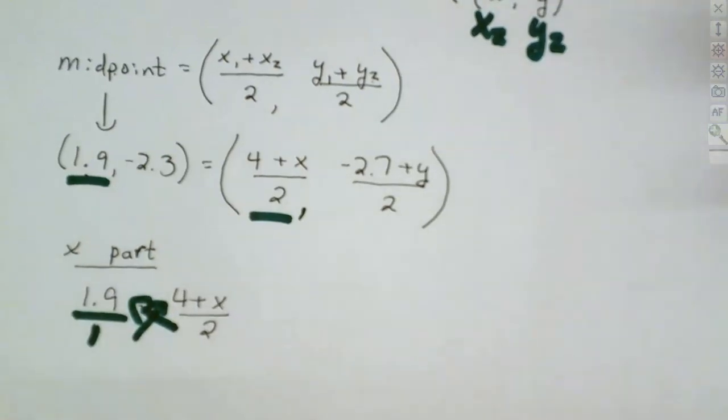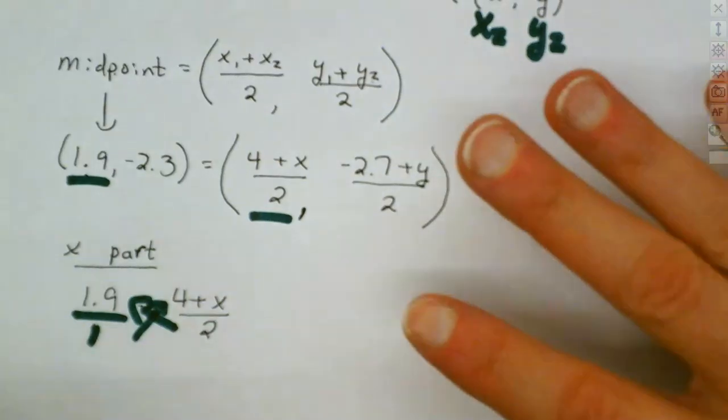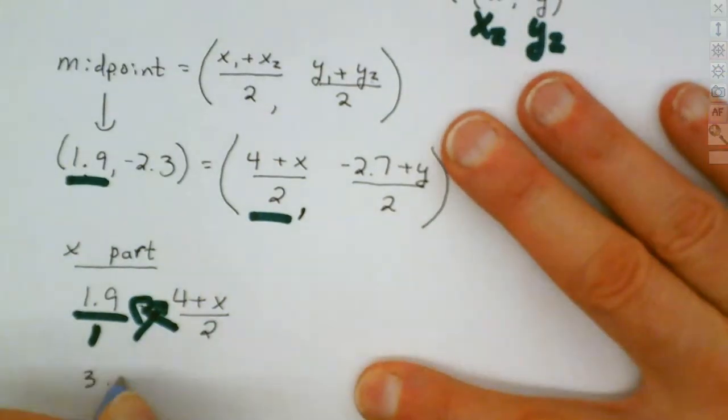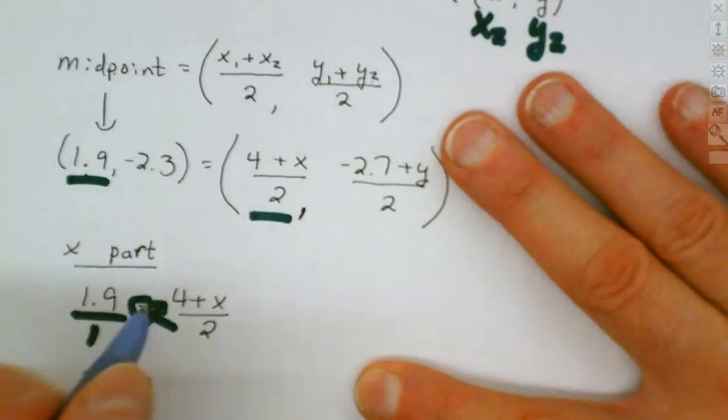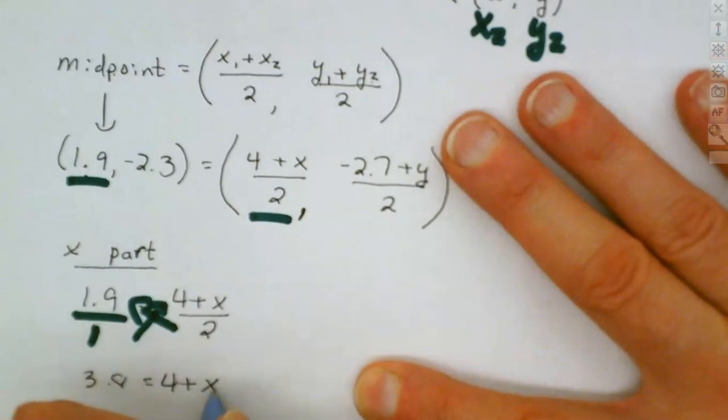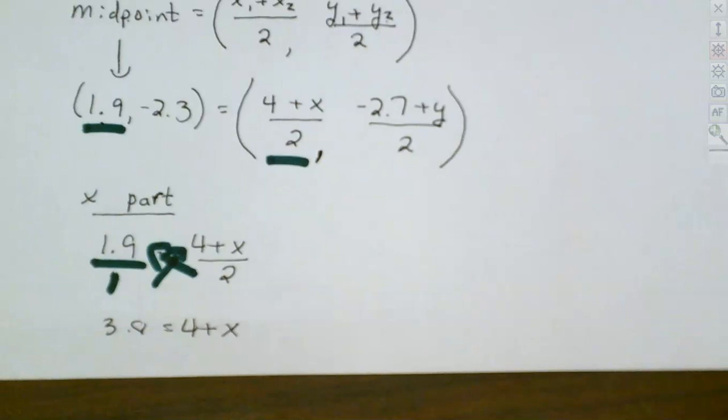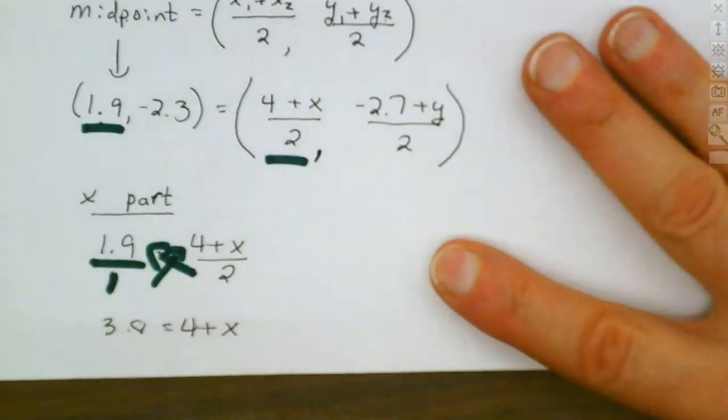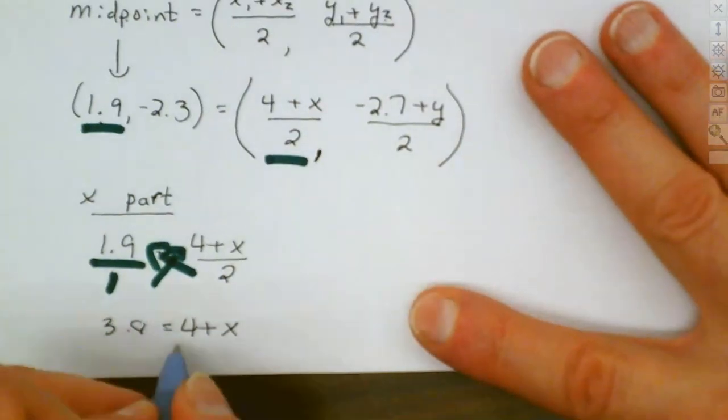So we'll go ahead and cross multiply here. So we've got 1.9 times 2, and that's a 3.8. When we cross multiply, it equals 4 plus x there. We just simply cross multiplied, right? We're going to go ahead and move that 4 over.